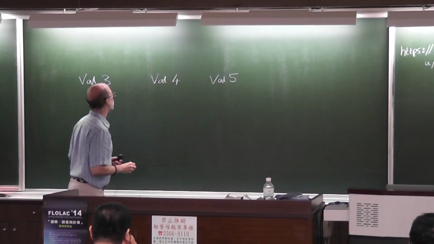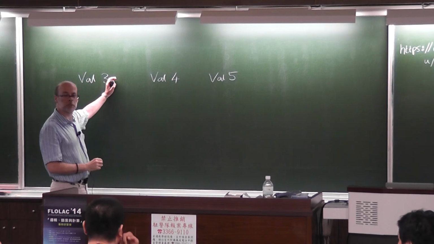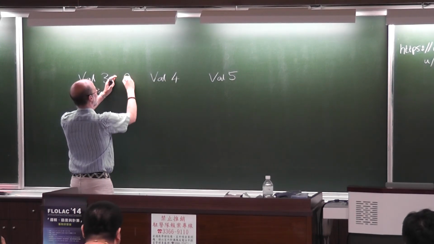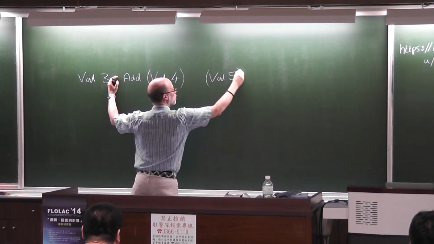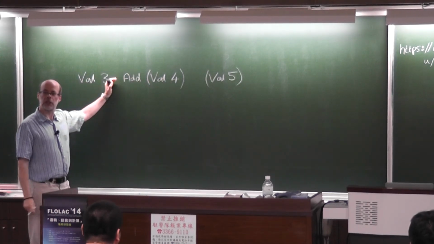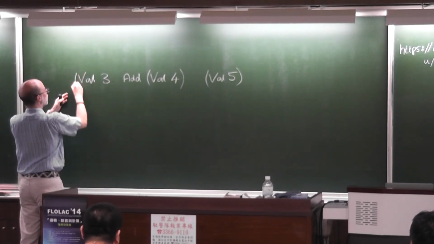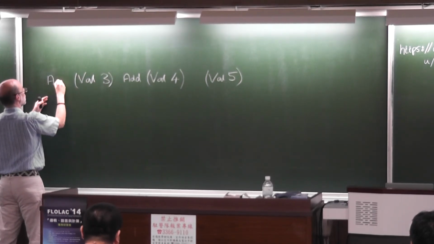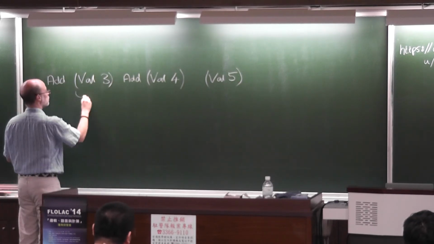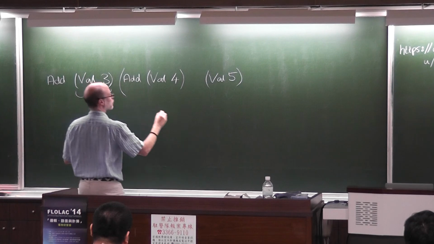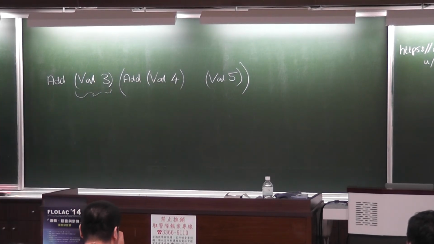That's an Expr. And then add takes two Exprs and makes an Expr. So add takes that Expr and that whole thing is another Expr. And then add again takes an Expr and another Expr, and it makes an Expr out of it. So that's an expression too.